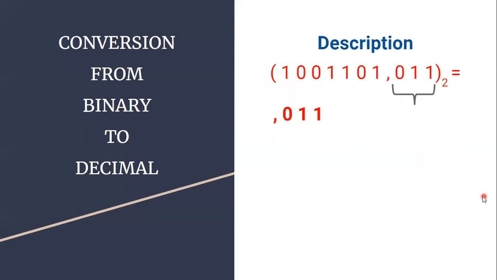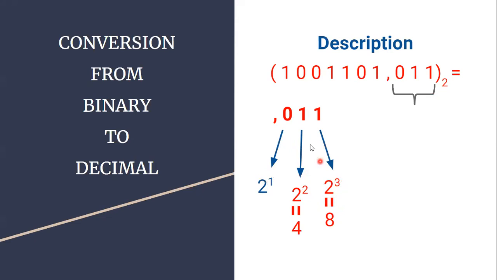Now, if I have a binary number with a comma, with decimal digits, what are we going to do? I'm going to keep this part 0, 1, 1, and I'm going to start from the left side now, from here, and use the powers of 2 again. But this time I will not write 0 first, but number 1: 2 to the power of 1, 2 squared here, and 2 cubed here.